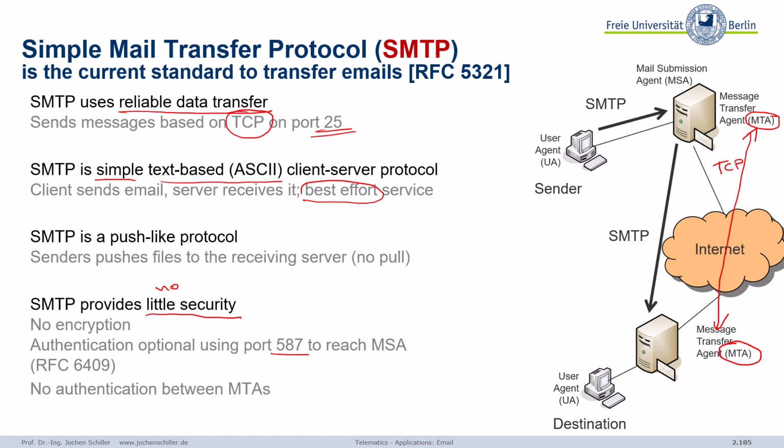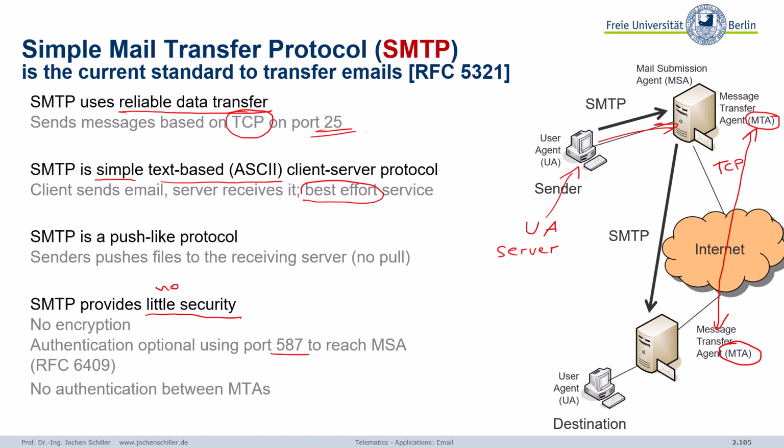But now the question is, okay, maybe we know here with SMTP, who is my next message transfer agent. How do we know this? Because typically in your user agent, you set up the server by hand or by automated scripts or whatever. So in your user agent, your Outlook, whatever, you have to say, okay, for me, the mail server is, for example, exchange.fu-berlin.de.